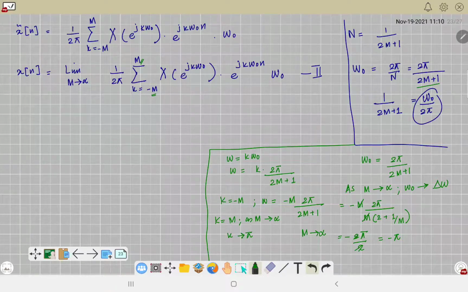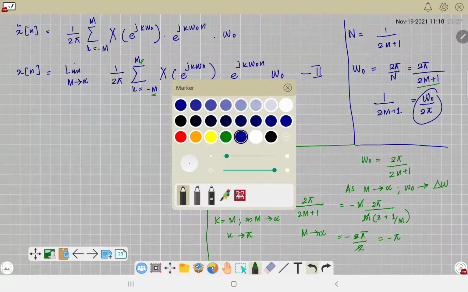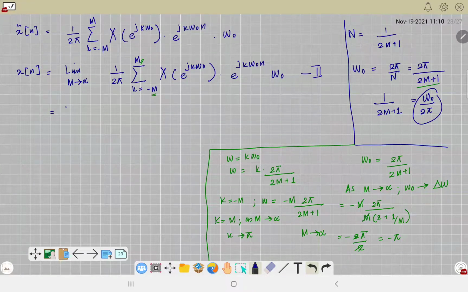So with this, I can just rewrite this equation as limit m tends to infinity 1 by 2 pi summation from minus pi to plus pi X of e raised power j omega. I think we also had a parameter n here, so this will be e raised power j omega n delta omega.